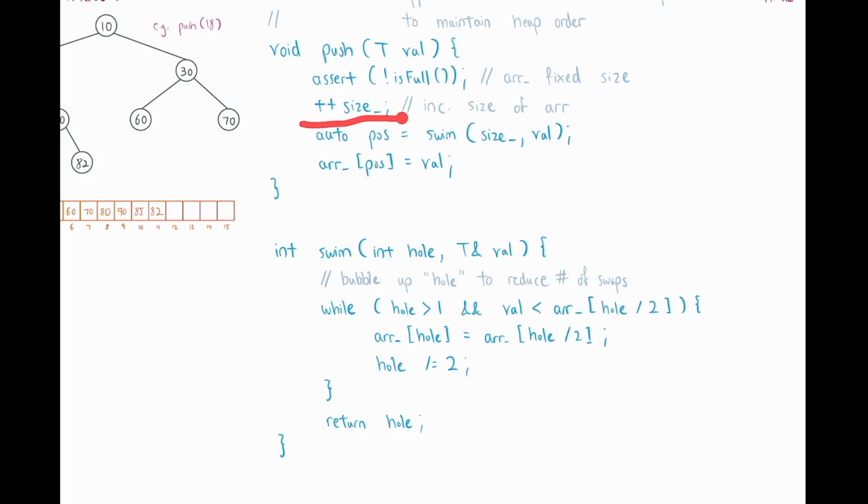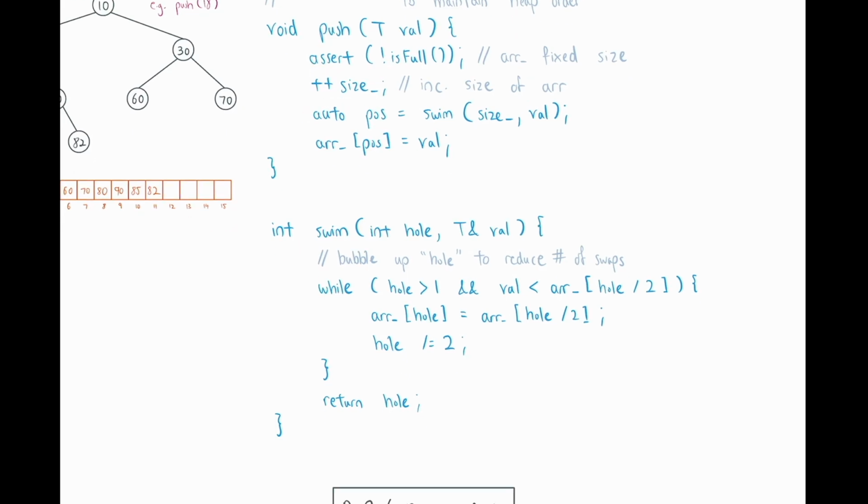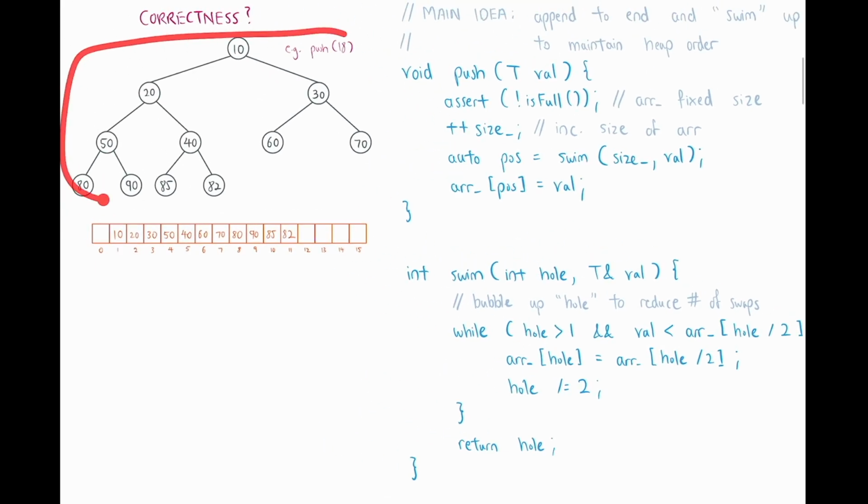Moving on, this size variable keeps the last item in check, so that we know how much of the space allocated for our array is being used. When we push, we update the size plus one, and then we get a certain position in which we will push the item, because note that this is a tree with a certain structure.